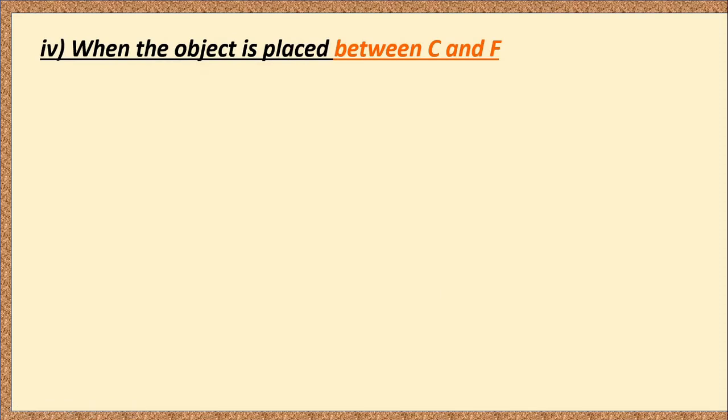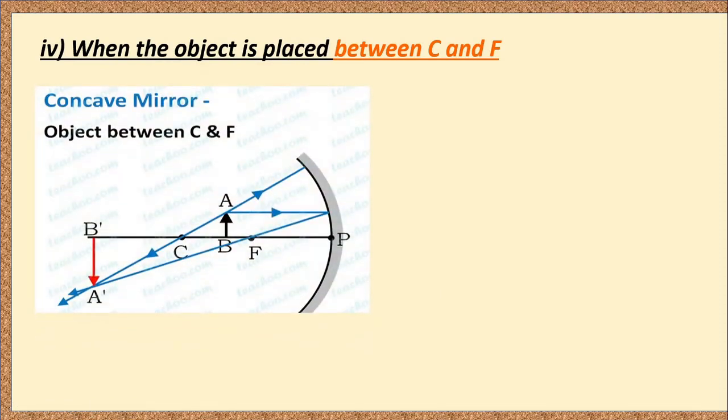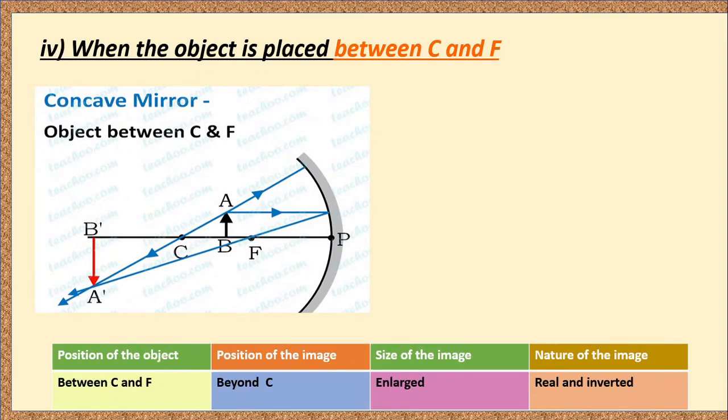Next, when the object is placed between C and F, that is between center of curvature and principal focus, these are the incident rays falling on the mirror. After reflection, the reflected ray passes through the principal focus, another ray through the center of curvature.